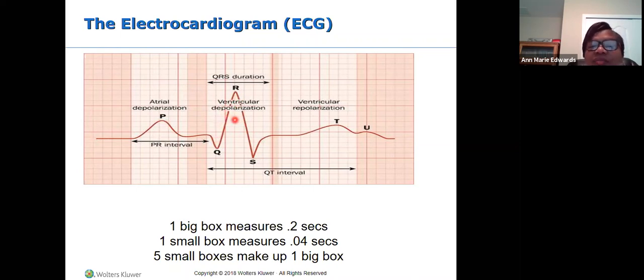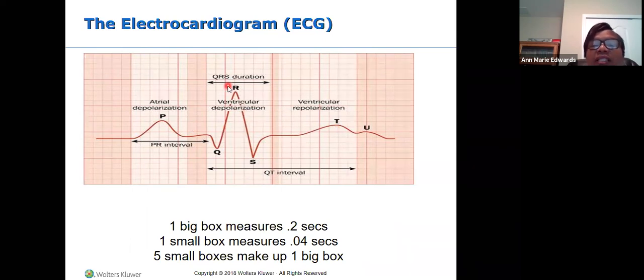So if we didn't have the ventricle contracting here, we would have seen the atrial repolarization or the atrium going back to rest, okay? But it is hidden behind this complex, your QRS complex, okay? So once again, P wave, atrial depolarization or contraction, QRS, ventricular depolarization or contraction, T wave, ventricular repolarization or resting.